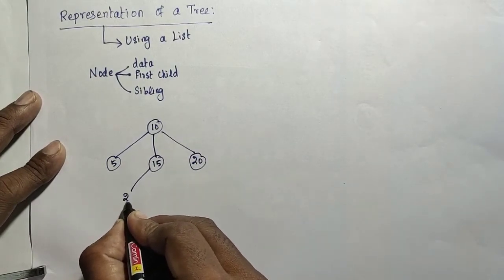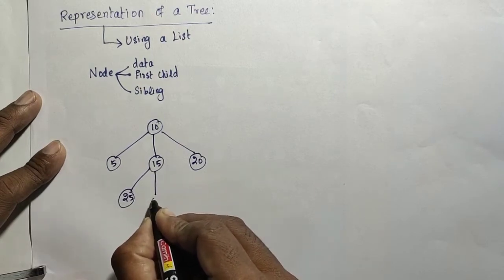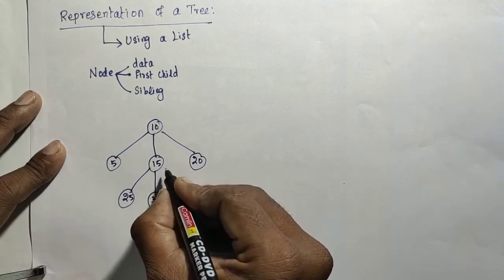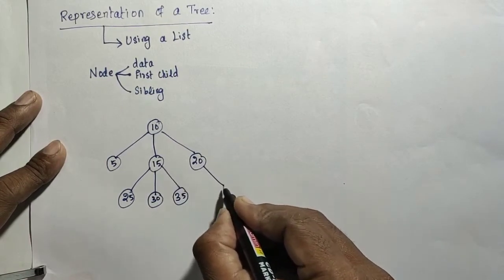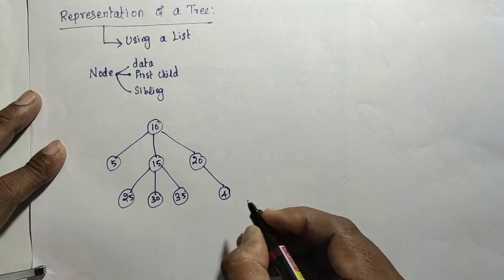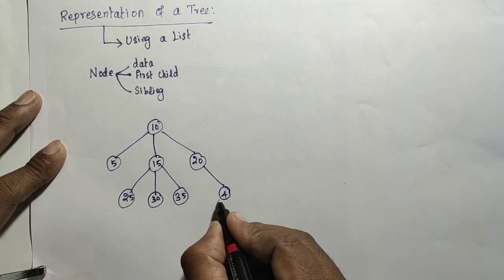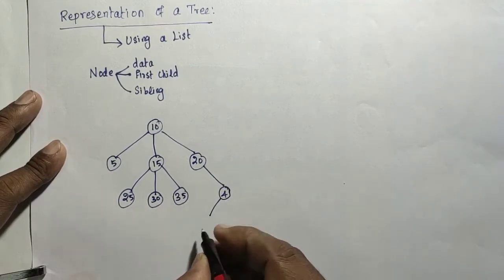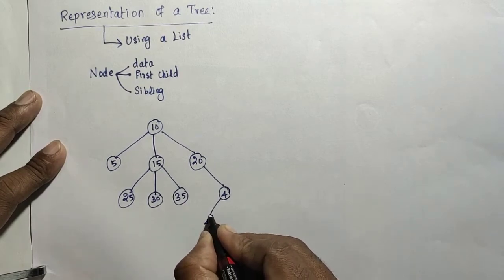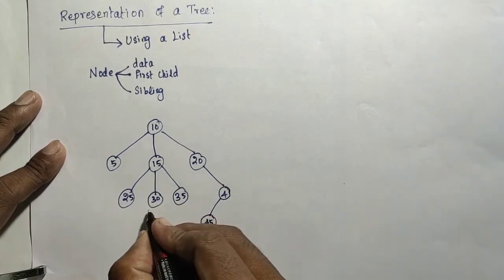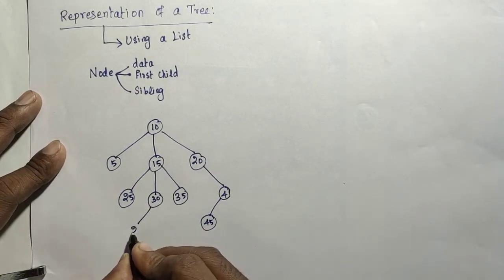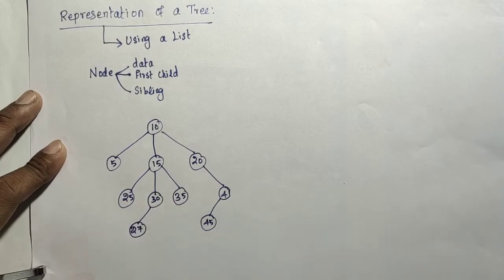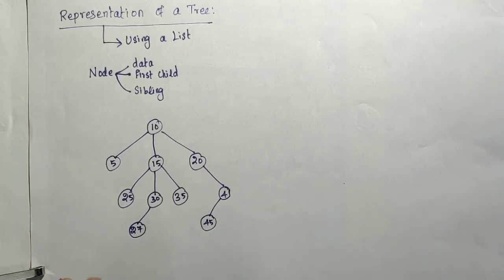It is containing 25, 30, 35, 40, and it containing the 45, which is containing 27, like this. Just to assume this general tree.